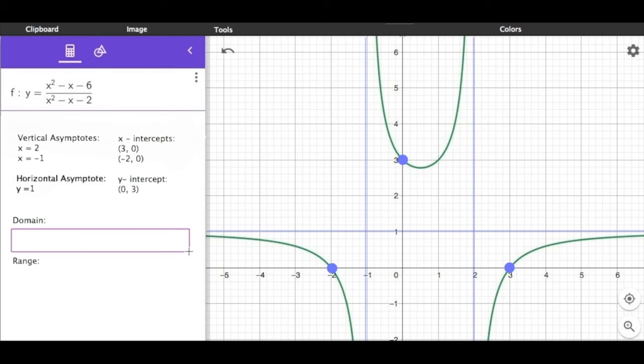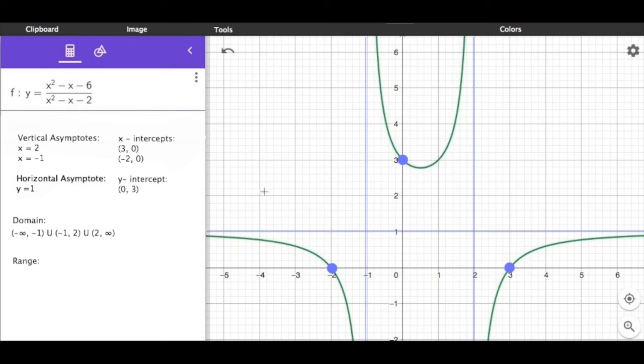To write this, we need to put a parenthesis, minus infinity, comma, our first vertical asymptote that we can touch, so it's minus 1. We make a union from our first vertical asymptote to the second. And we need another union for this part of the graph, so it would be 2, infinity.